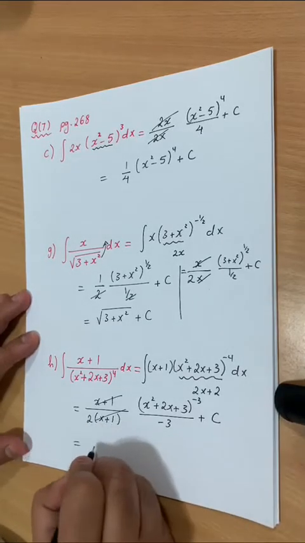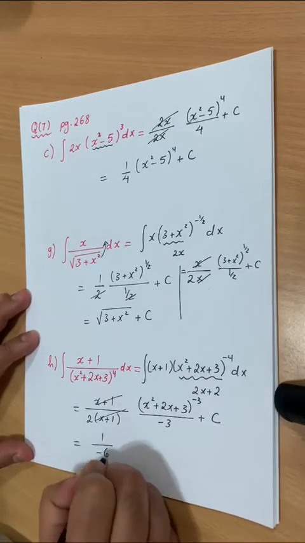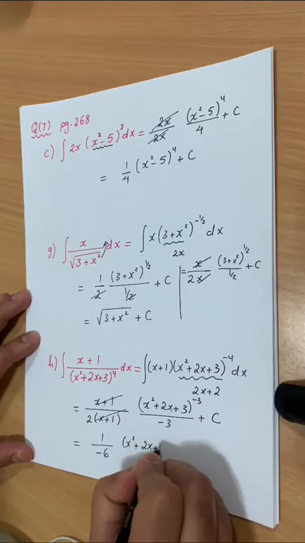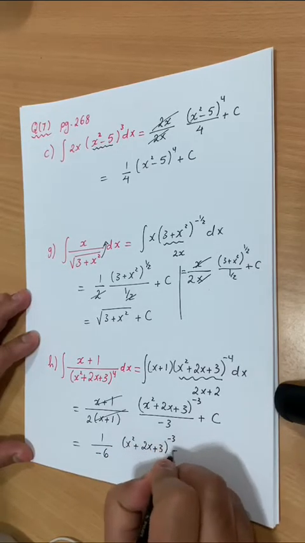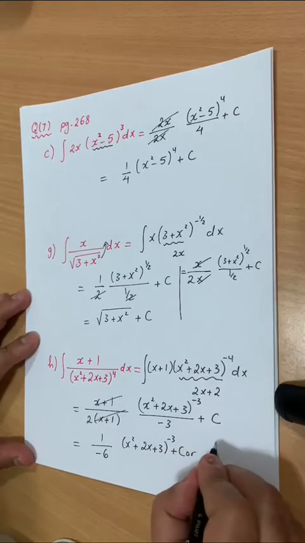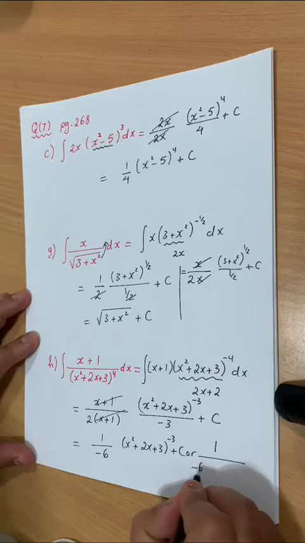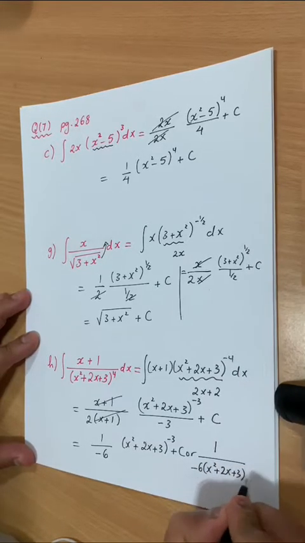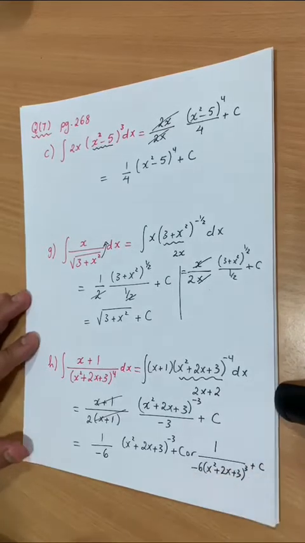Now just multiply the denominators, so it's 1 over negative 6 (x squared plus 2x plus 3) to the power of negative 3 plus c, or you can write that in the denominator, so it's 1 over negative 6 (x squared plus 2x plus 3) to the power of 3 plus c.